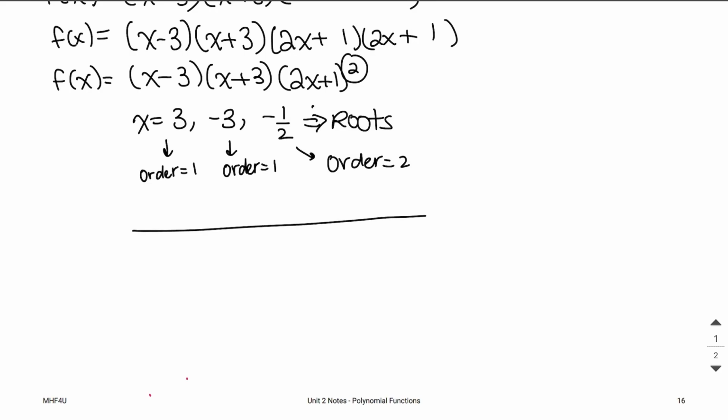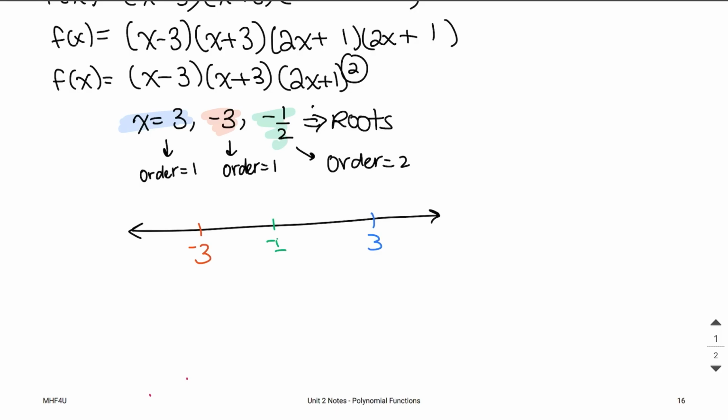Now let's just verify algebraically that this actually works. So if you remember, x equals 3 is one of our critical points, so I'll put 3 right here. We also have x equals -3 as another critical point, so I'll put -3 right here. And then we also have x equals -1/2 as our third critical point, so I will put that where it belongs right here.